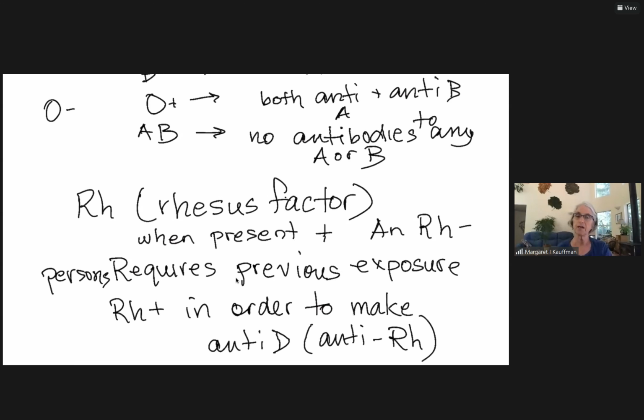However, if the same mother gets pregnant a second time with the same father and conceives another Rh positive child, her immune system is much faster and much stronger against the Rh. So again, near the end of pregnancy, the placenta breaks down, which it normally does.